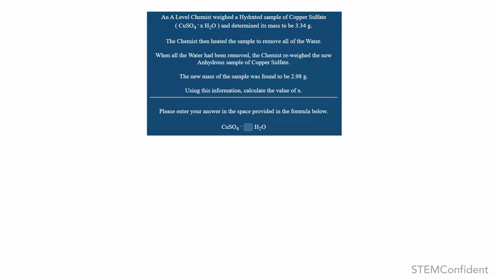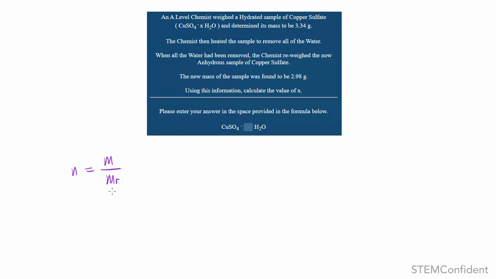So how are we going to work out the number of moles of each? Well, we're going to use the equation that links them, which is that the number of moles is equal to the mass divided by the molar mass Mr. For CuSO₄, the mass is 2.98 grams, the anhydrous sample mass.